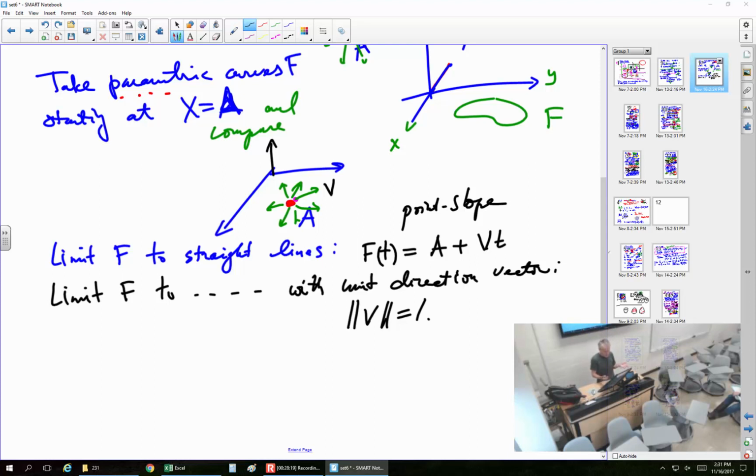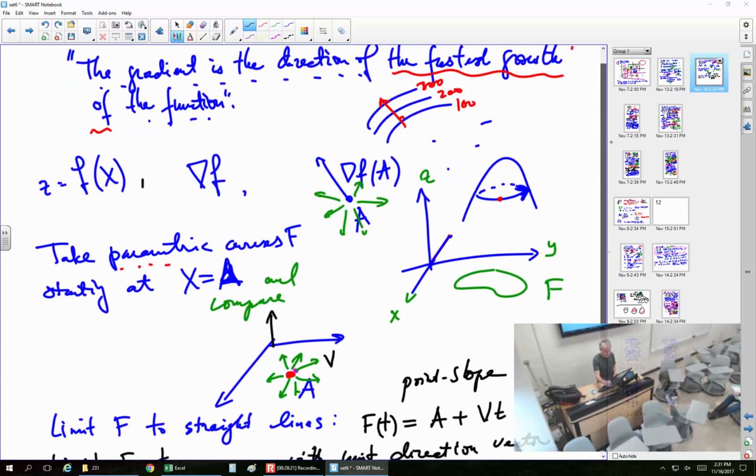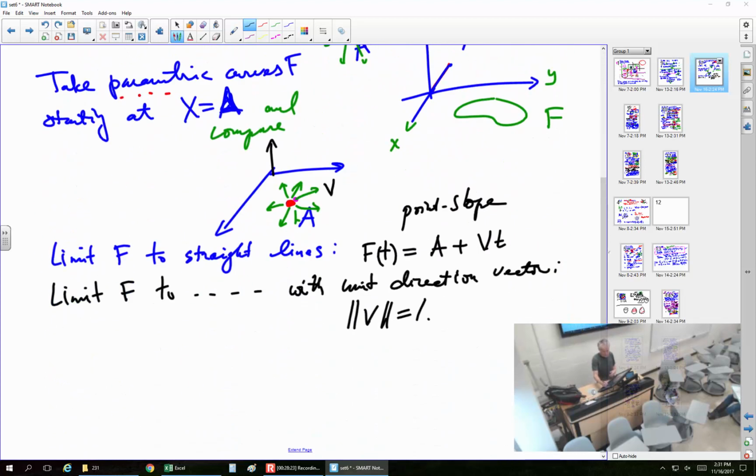And then what exactly is the rate of growth of f in the direction? It is a familiar thing. It is the composition. So if I take that picture that I have over there, this is my direction v, and then there is the graph of my function z equal f of x.